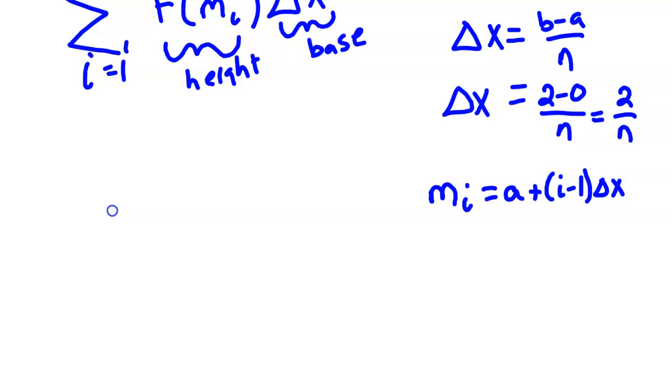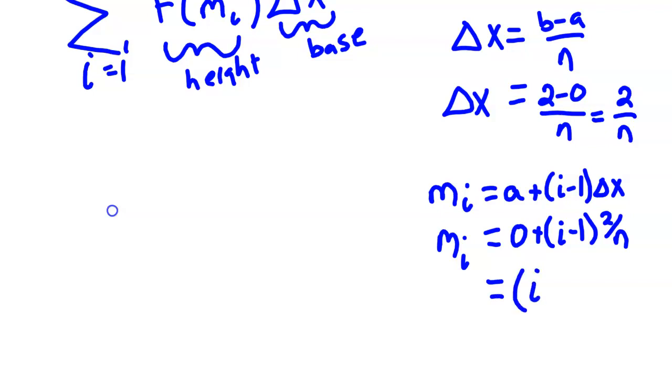Well, if you plug in all your a's and your delta x's, this m sub i would be 0 plus i minus 1 times delta x, which is 2 over n. And if you simplified that, that would be i minus 1 times 2 over n.